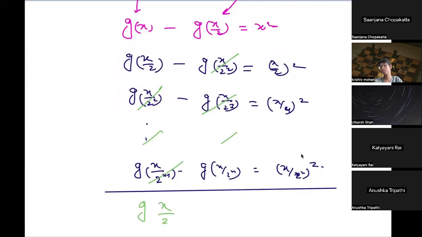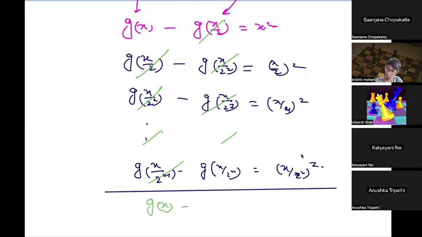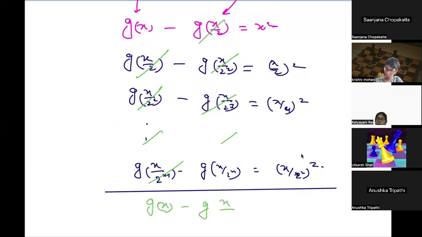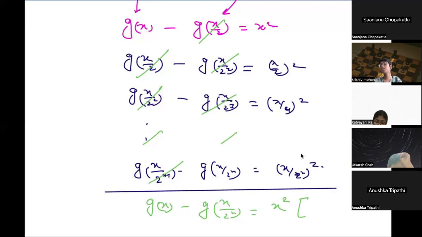First and last term, and g(x/2^n) is equal to x square common out, 1 plus 1 by 2 square plus 1 by 4 square plus 1 by 8 square up to infinity. This is the basic GP formula you have. Understood? If n tends to infinity, so this will be g(0).